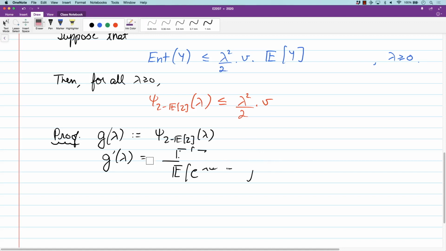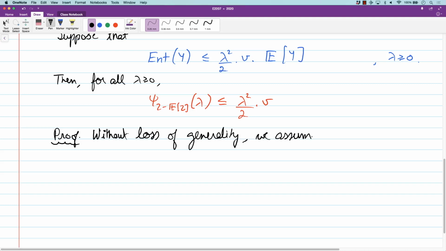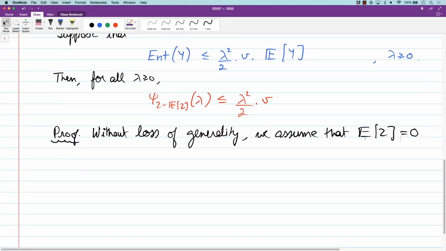Just to make my job easy, what I first notice is, without loss of generality, we assume that the expected value of z equals 0. Note that since we are centering this random variable anyway, we can just assume this.